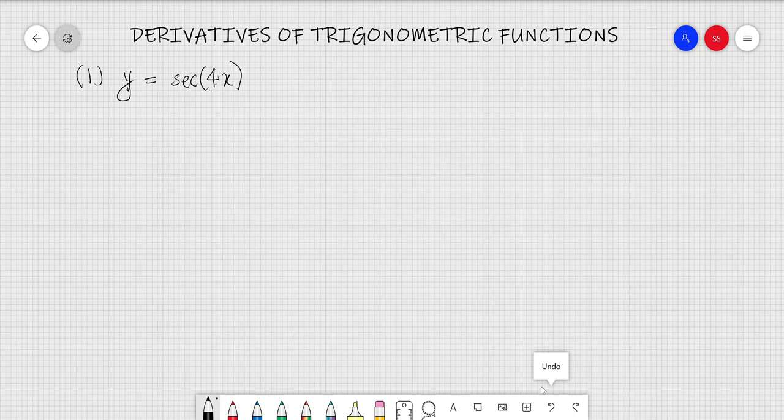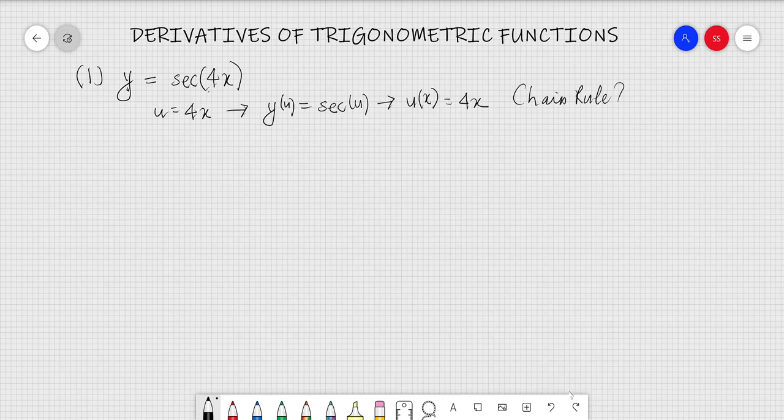Here, let us suppose the variable 4x be equal to u. Then our function y with respect to u would be sec u, and our variable u as a function of x would be 4x.